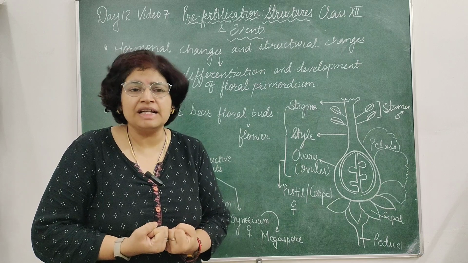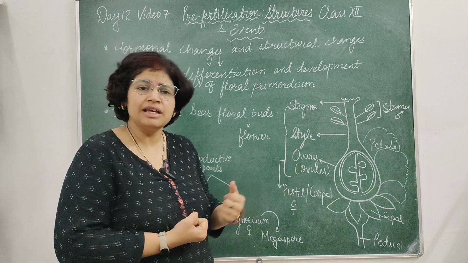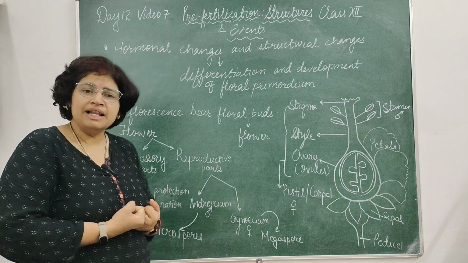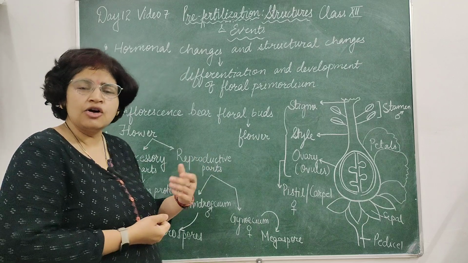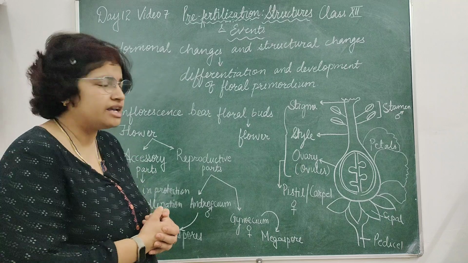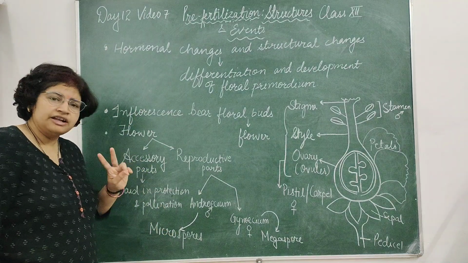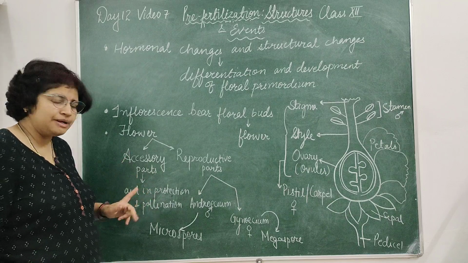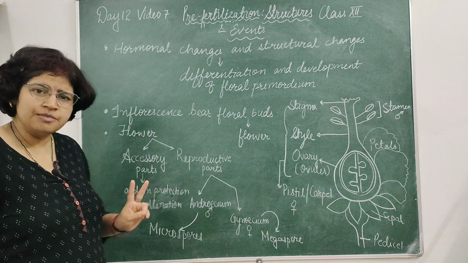Pollination is a very important event in the plant body which helps in the transfer of male gametes to the female gametes, that is, from the anther to the stigma of the same flower or a different flower with the help of insects or any other abiotic agent. So there are two accessory parts of the flower which do not help in reproduction but help in protection and pollination, and these are sepals and petals.